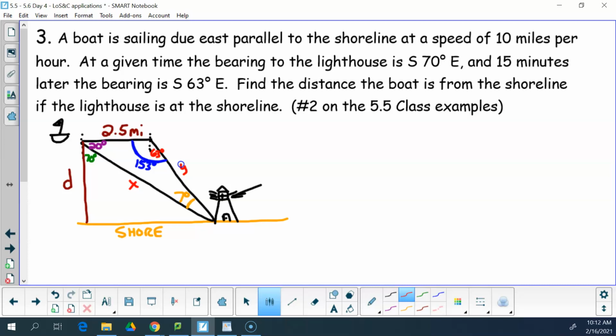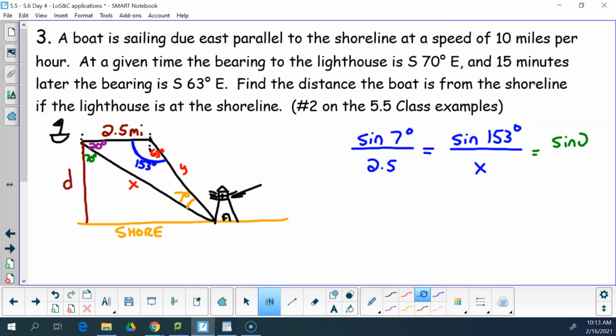So I said that the sine of 7 degrees over 2.5 is equal to the sine of 153 degrees divided by x. But you could have also gone the sine of 20 degrees and done y.